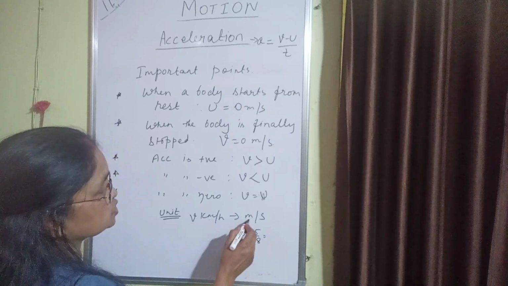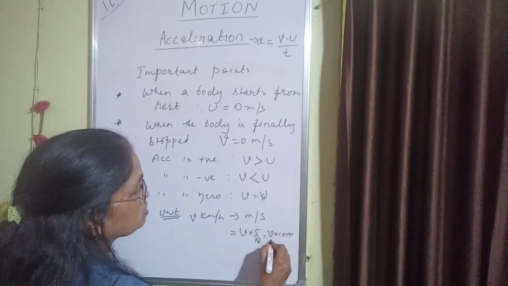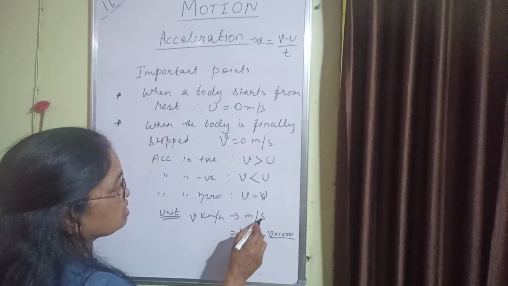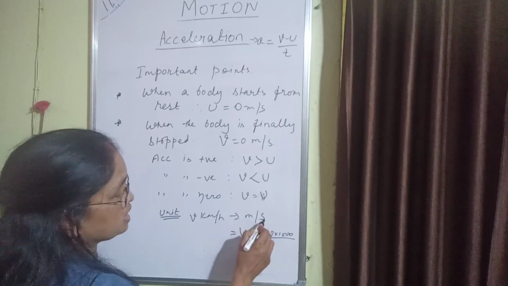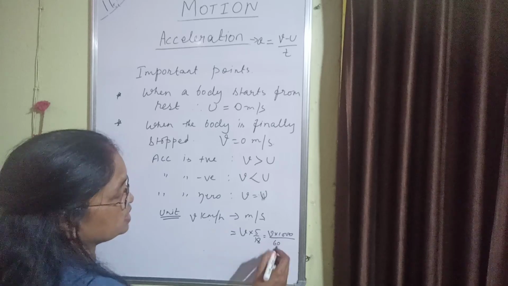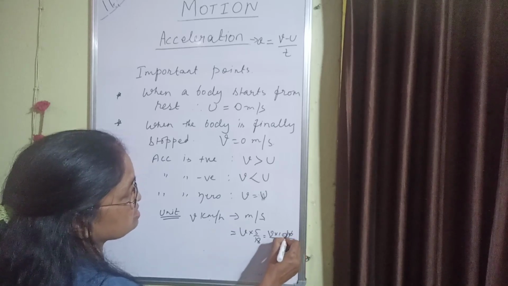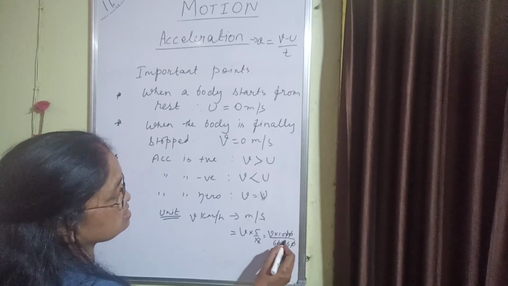See, V kilometer per hour. Kilometer changes into meter: 1000. So V into 1000 by hour changed into second. 1 hour has 60 minutes, 1 minute has 60 seconds. So how much will you get? It cancels, and that means 36.